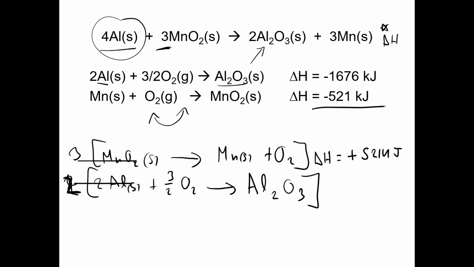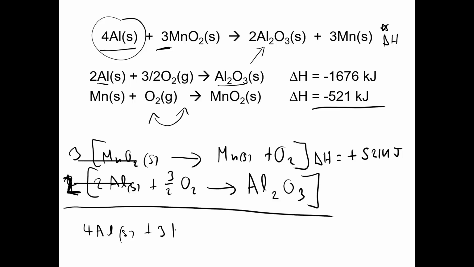Okay, and when you do that, you actually do arrive at the reaction that we're after. 4 Al solid, right? Because 2 times 2 is 4, and then we have 3 MnO2, and then 2 times 3/2 is 6 oxygens, right?